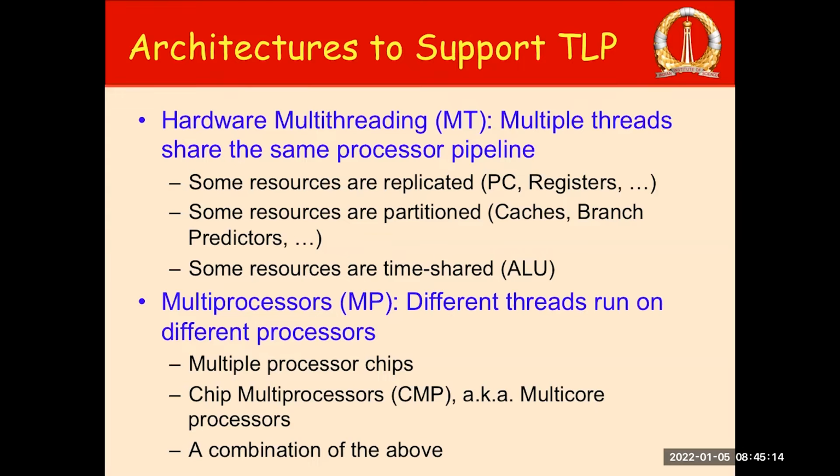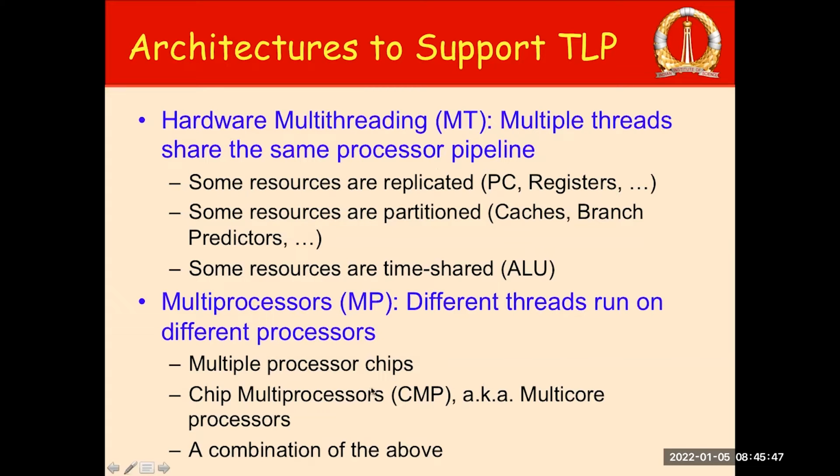There are certain other resources which could be either replicated or partitioned across the threads. But there is only one set of resources underlying that, like pipelines and so on, and that one set is being shared by multiple threads to execute them in parallel. Let's see how that happens. So initially we will focus on multi-threaded processors, and then later on we will talk about multi-core processors.